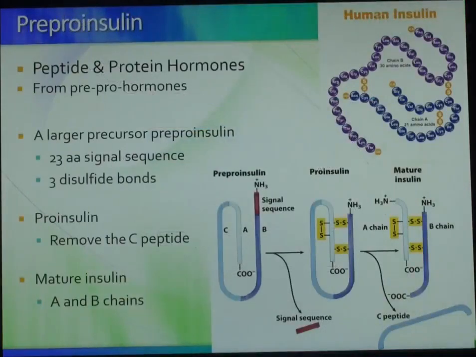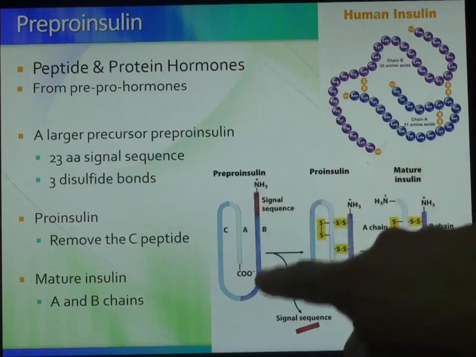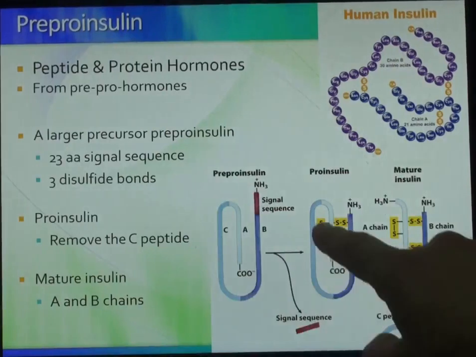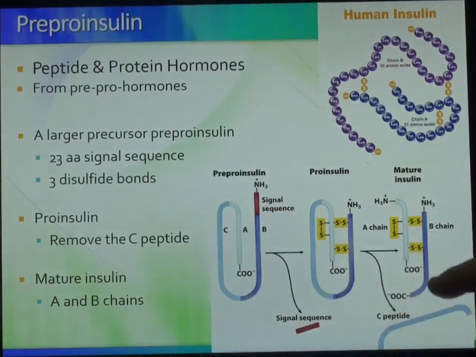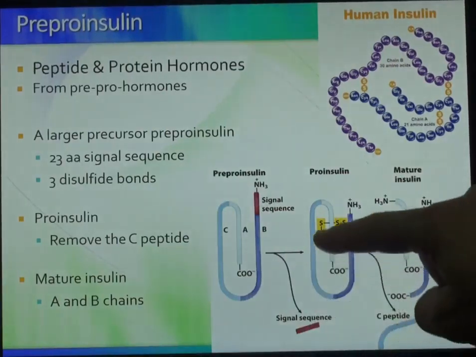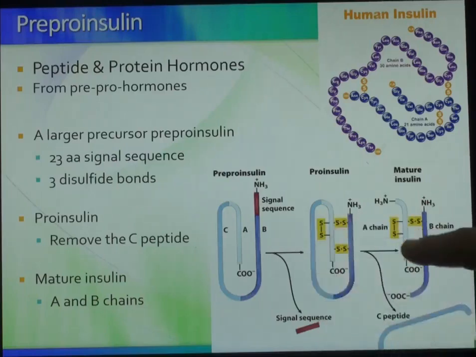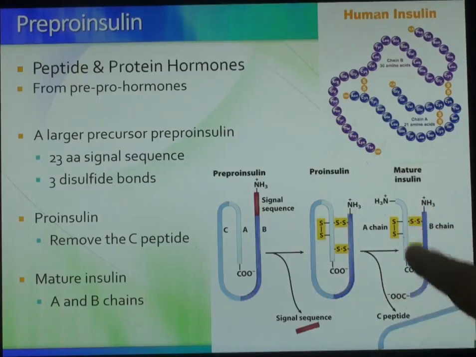So here's an example again. The insulin itself is basically produced from a single gene, single polypeptide. You have formation of disulfide bonds, and then you have cleavage of the C peptide. That is, this portion of the peptide is cleaved off, forming the final form of this insulin molecule, having the A and the B chain.